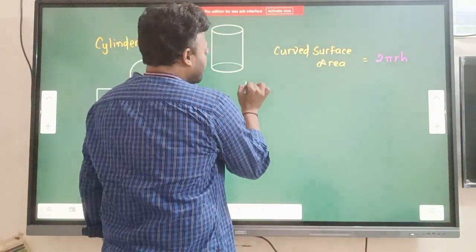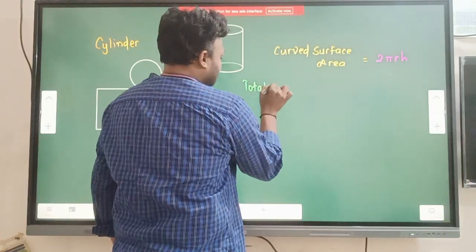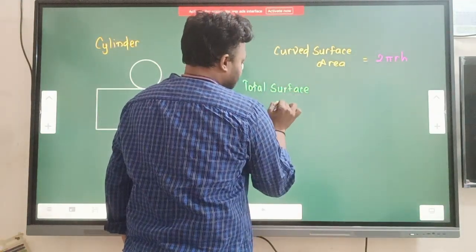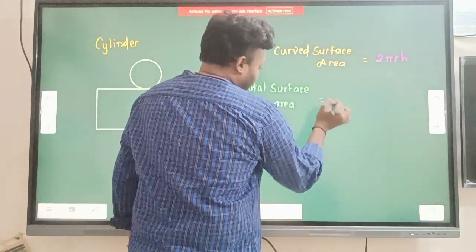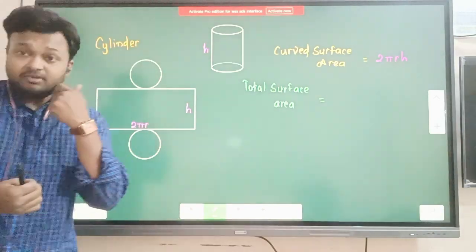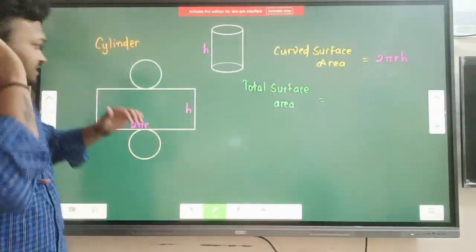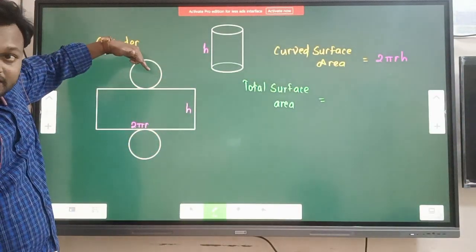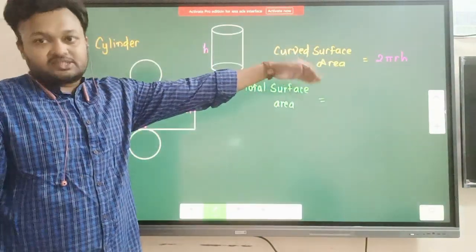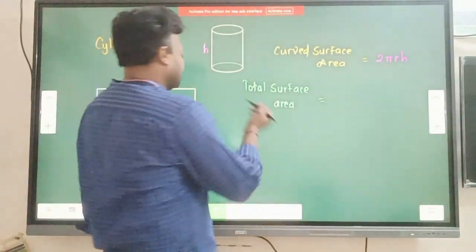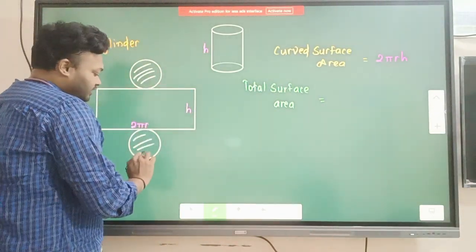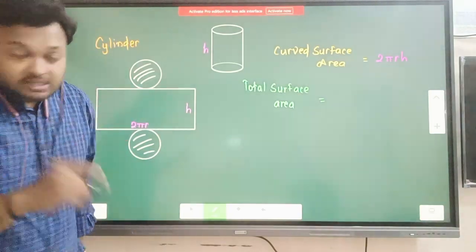Now, we have total surface area. In the previous case also we have taken the same. In total surface area, we are just going to add the top area as well as the bottom area to the lateral surface area, which in this case is the curved surface area. So what do we have here? Circle. What do we have here? Circle. What is the area of a circle?